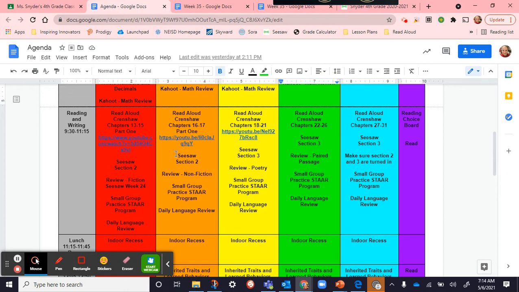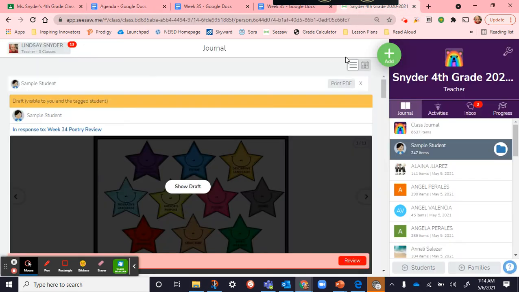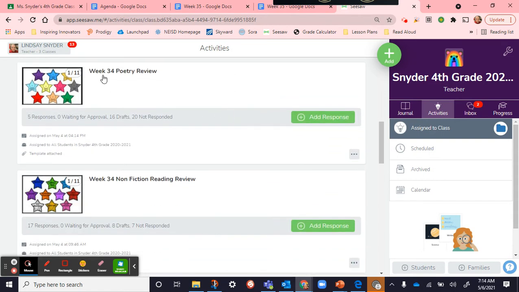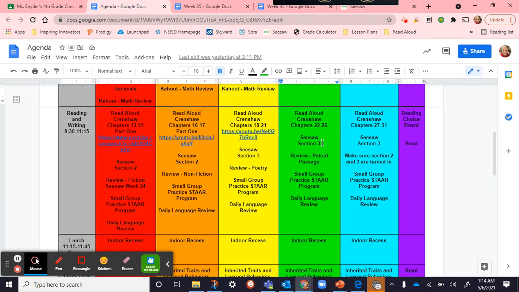So we turned that in, and then we got into groups, and they worked with the group to work on the poetry assignment. And so that was right here, week 34 poetry. So that was all group work as part of their independent practice.